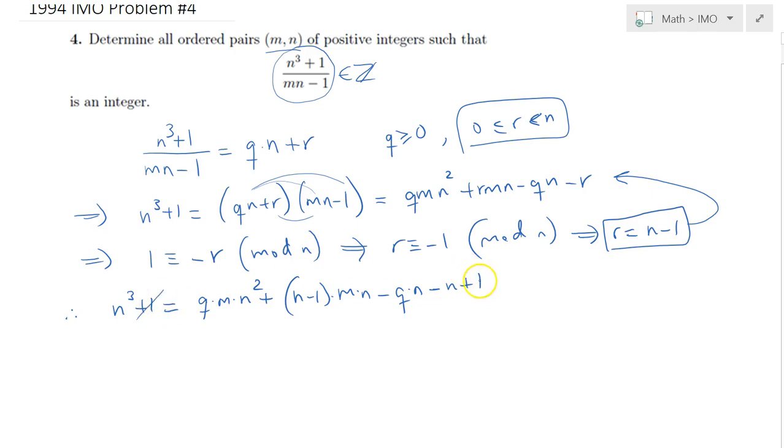The plus ones would cancel out, and then we can further simplify by n. This would finally imply that n squared, after simplification by n, is equal to q times m times n, the square is gone, plus the n is gone again, so we have n minus 1 times m, and finally we have minus q here, and then a minus 1 here.